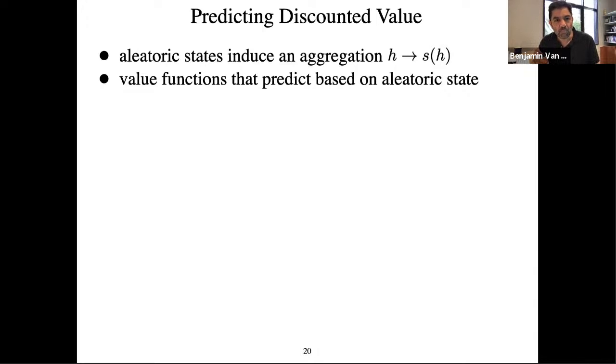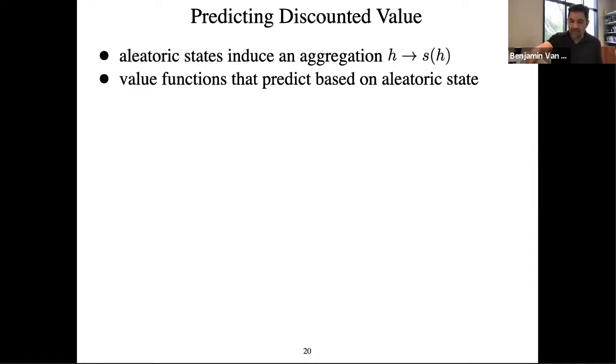And one thing of particular interest to us is the set of value functions that predict value based only on the aleatoric state. Remember, to predict discounted value perfectly, we need to take into account all of history. So you might consider, what if we predict value based only on aleatoric state?